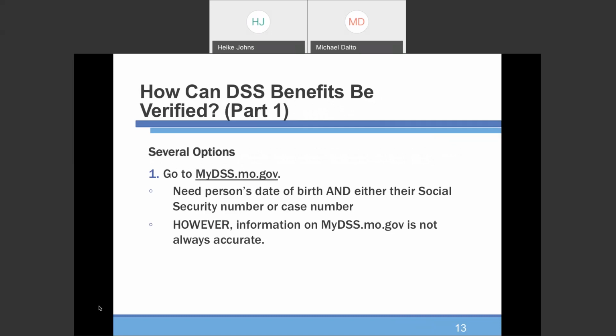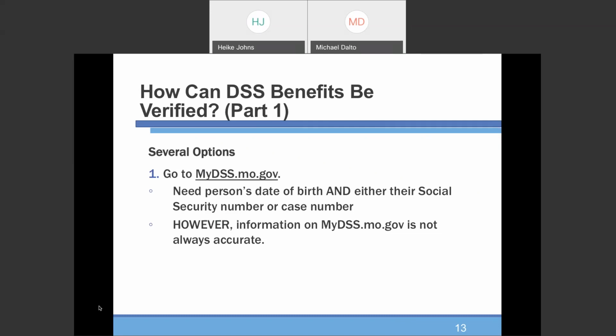So how can a person verify benefits administered by DSS? Got a few options. Can do it online at mydss.mo.gov. To verify benefits online at this site, you need to have the person's date of birth and either their Social Security number or case number.